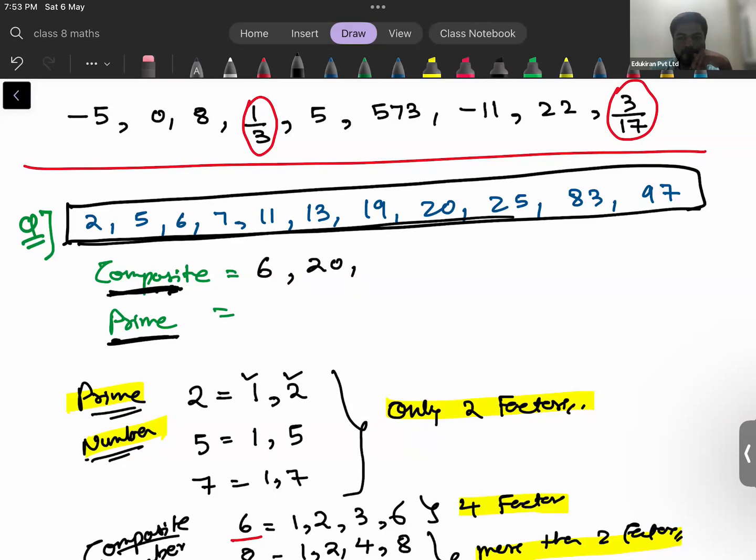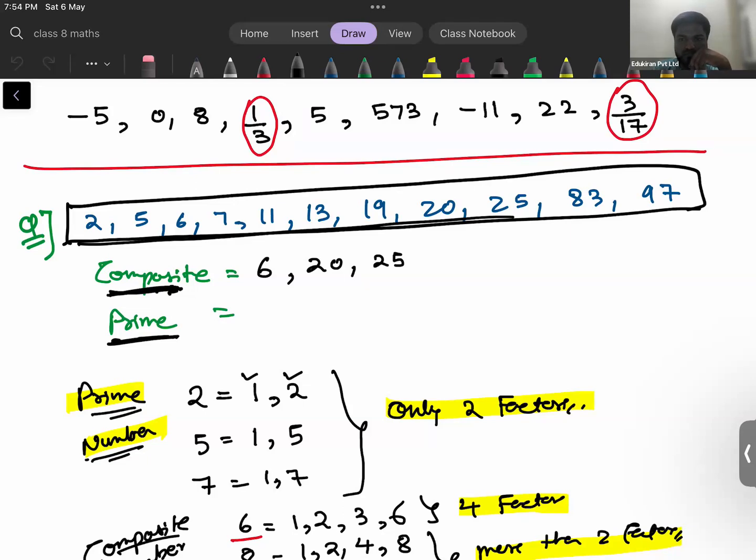And 25. Are there any more composite numbers here?